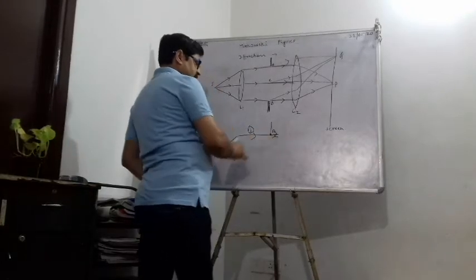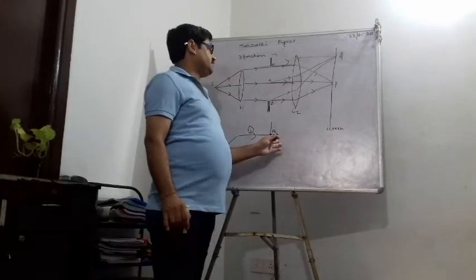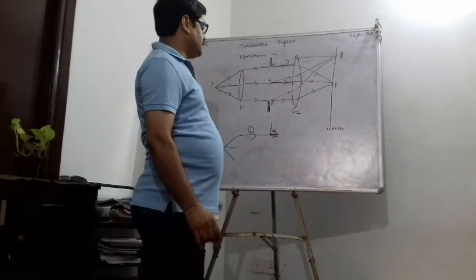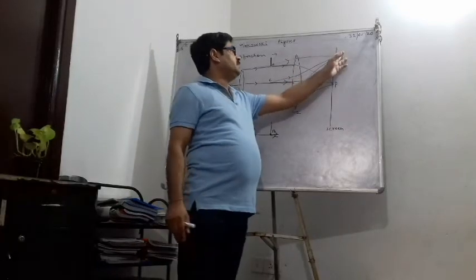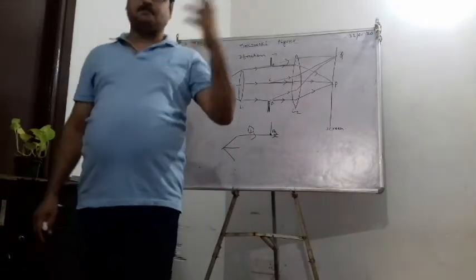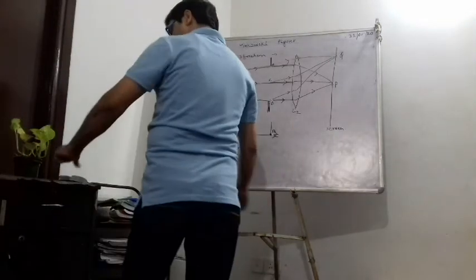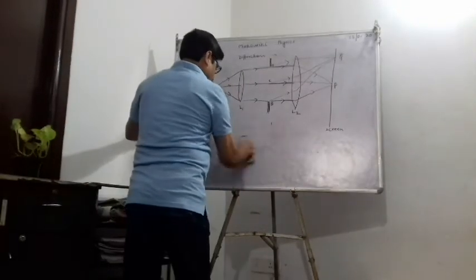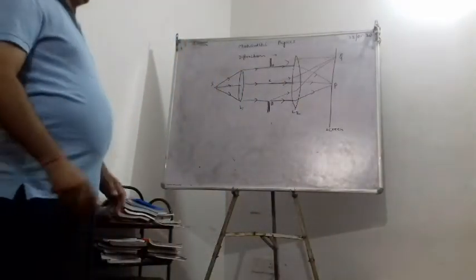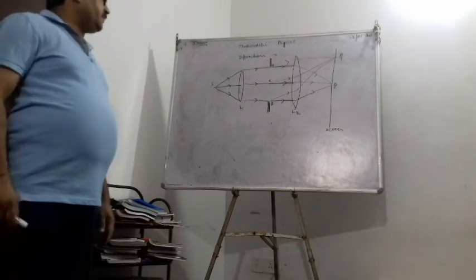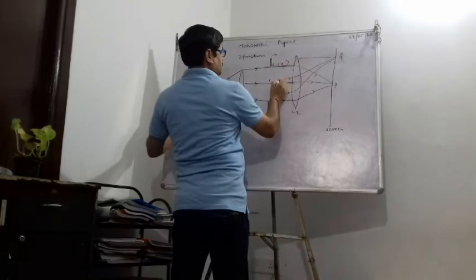So two light rays are here, and as per the interference theory, these two light rays interfere with each other, then the interference pattern is obtained at point Q, and this phenomena is called diffraction. Okay, so it is very clear, this is the phenomena of diffraction, and this is called the angle of deviation.